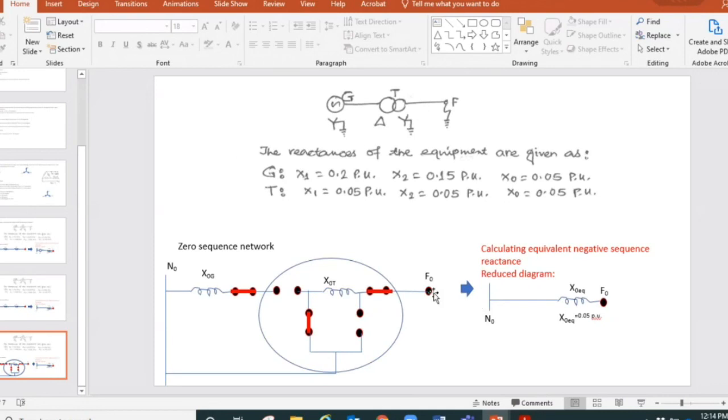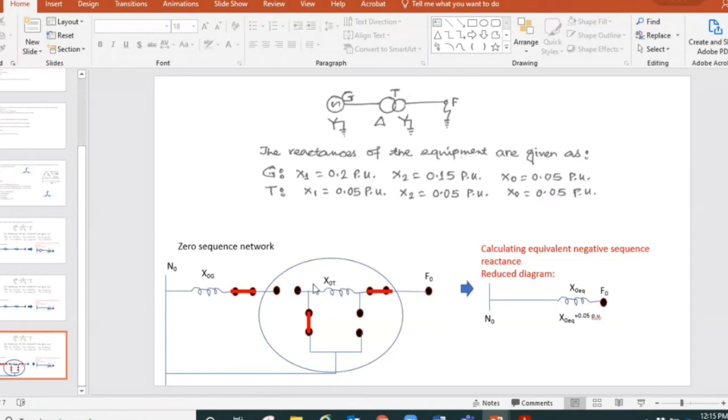So in this case, we start with F0, we try to go this way, the line is closed so we can continue, but we take this route, cannot continue because there is an opening. We can go to this line, and then we continue, we find that we can continue and reach the neutral bus, fine. Then we need to find out, is there any other way to reach the neutral bus? So we continue from here, we try this way, we find that there is an opening, cannot continue. Then finally we find that only one way of reaching the neutral bus is this way.